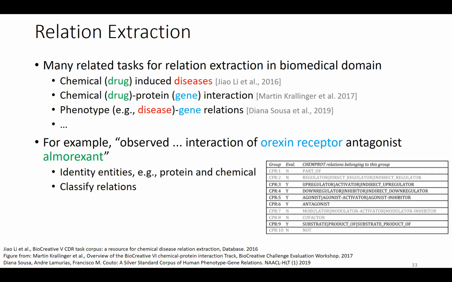A more concrete example is shown at the bottom. In this sentence, the entities should be identified with a type, which is the task of entity typing. And then the relations are determined by the expression of words in the sentence to classify the pairs of entities into a predefined relation category.